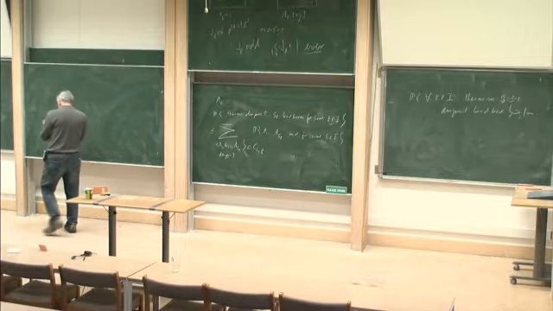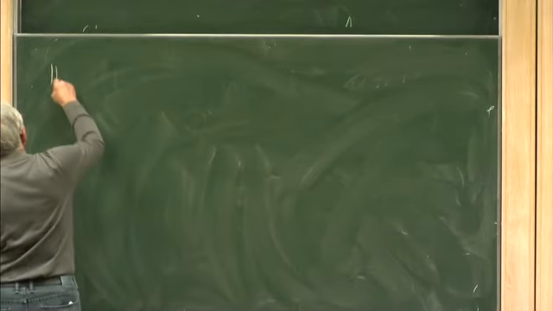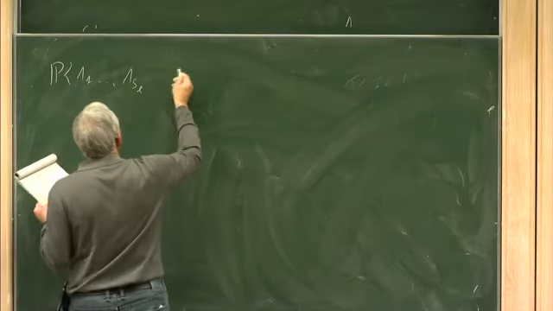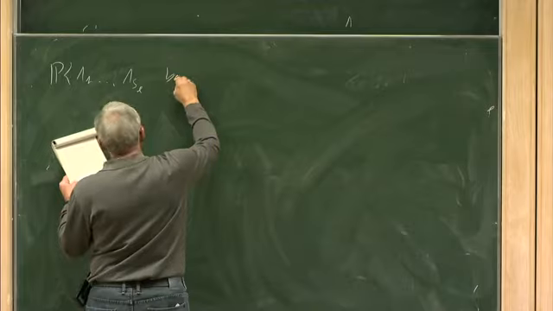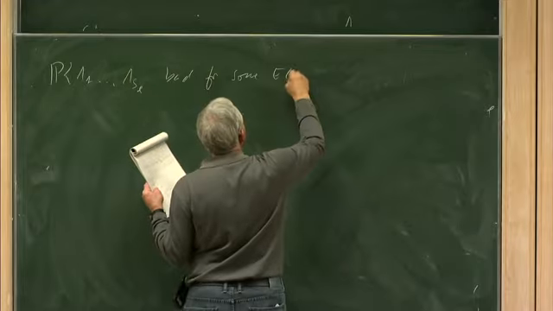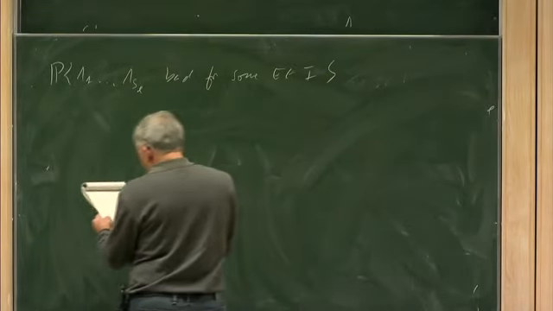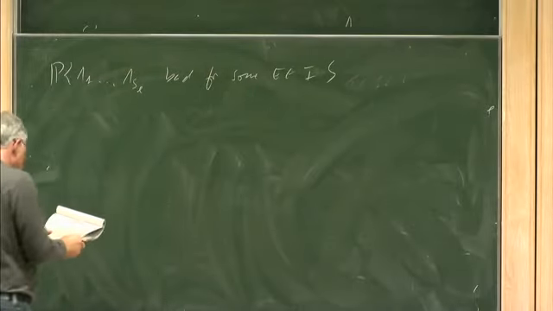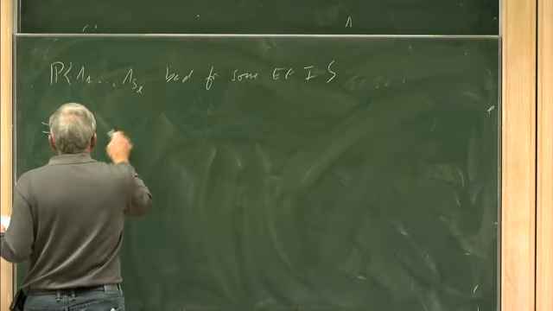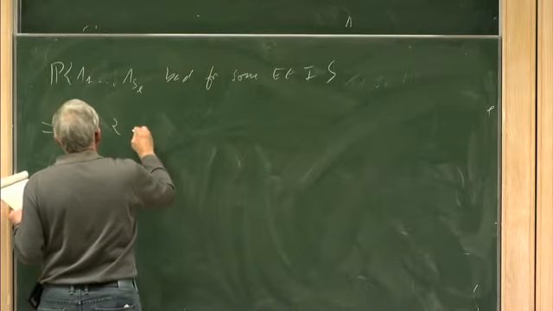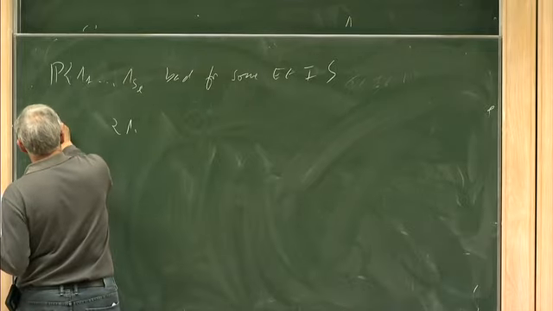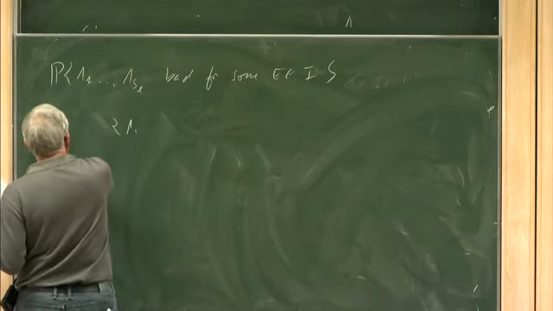Okay, so now let me look, if I fix these disjoint boxes, what is the probability that these are bad for some energy? Well, I can decompose this event. These are contained, so the probability is going to be smaller.